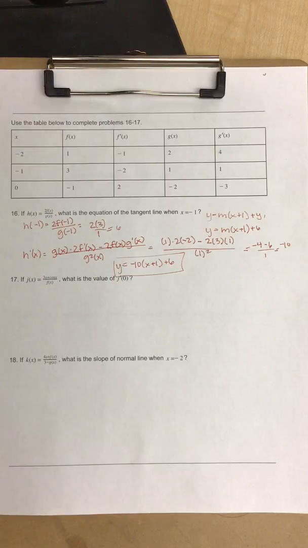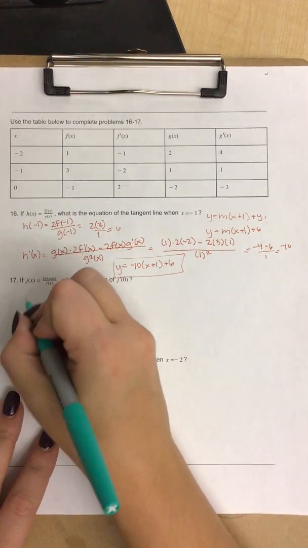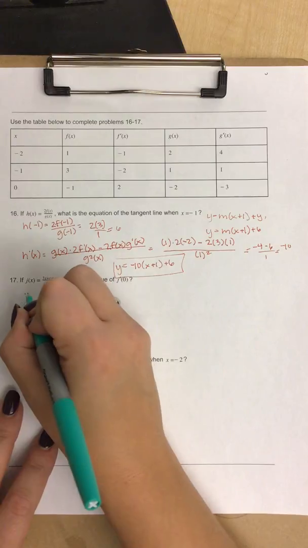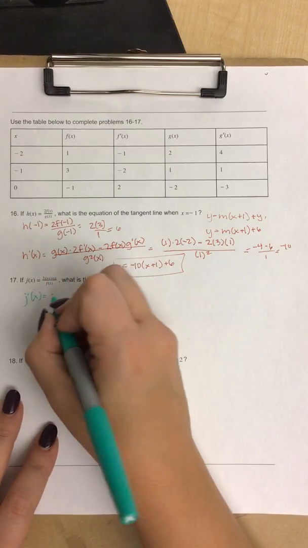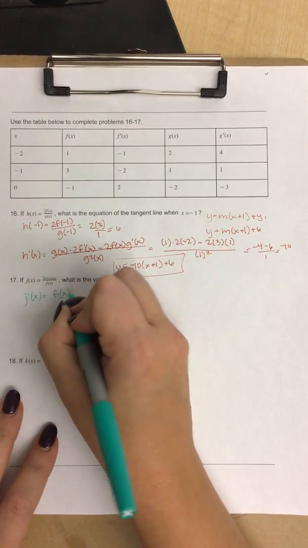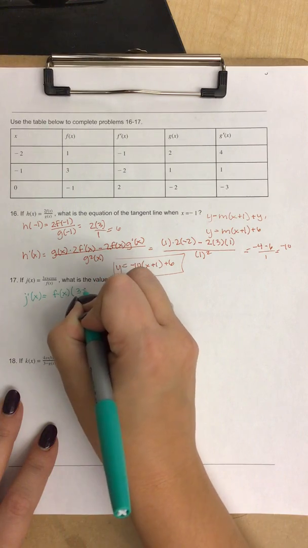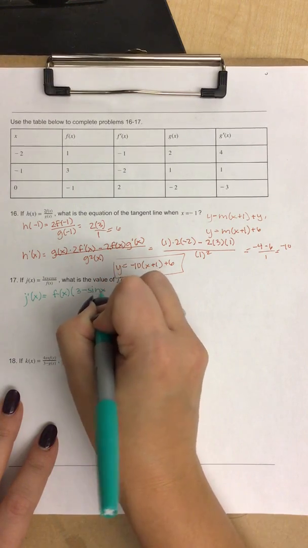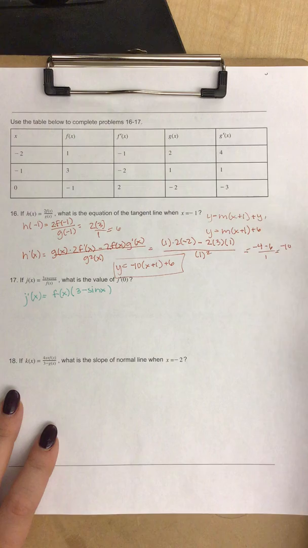All right, for the next one, they want to know the value of this function at 0. Or not the value, the derivative. So to take the derivative, it is a quotient rule problem. So I got low d high. Okay, so the derivative of 3x is 3, and the derivative of cosine is negative sine.